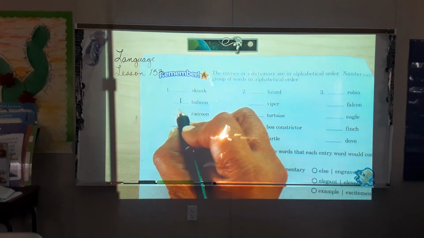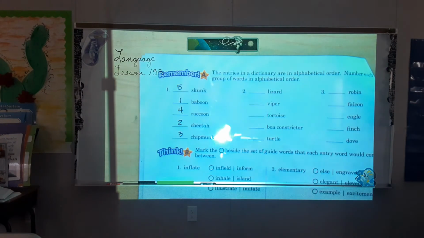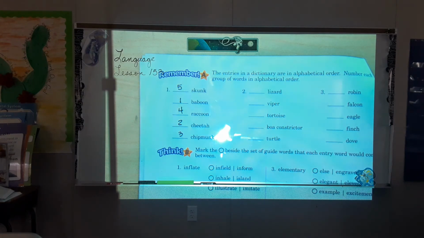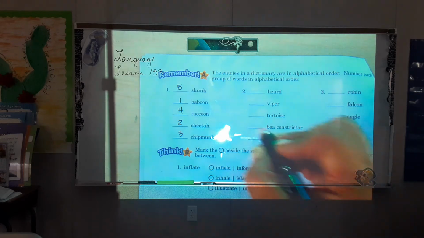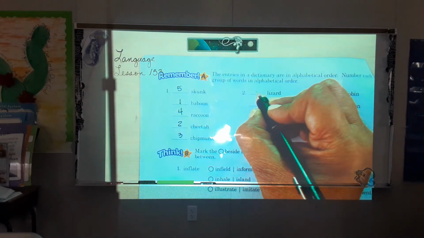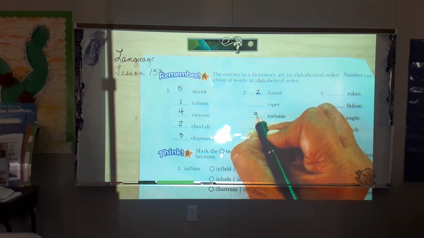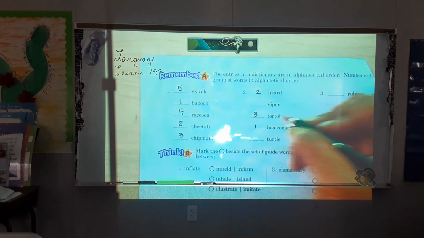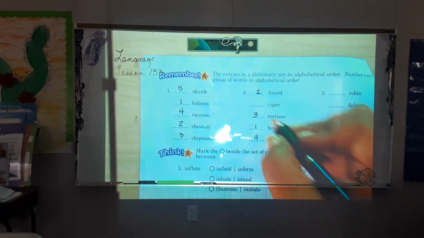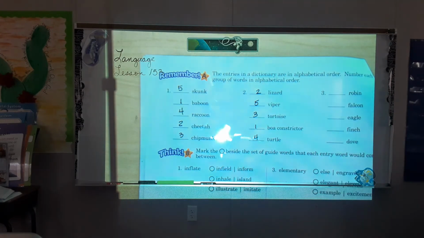Number 4, raccoon. Number 5, skunk. The next group of words. Number 1, boa constrictor. Number 2, lizard. Number 3, tortoise. Number 4, turtle. And number 5, viper.